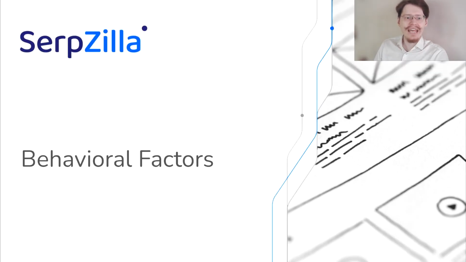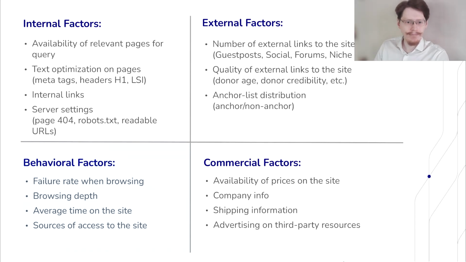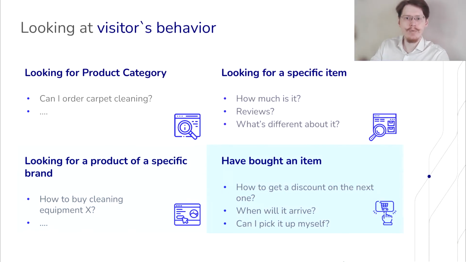Continuing on behavioral factors. We spoke about them. Let's look in detail. We need to think about what each visitor wants when they enter your website. For example, if they are looking for some category of product, you need to provide those categories.